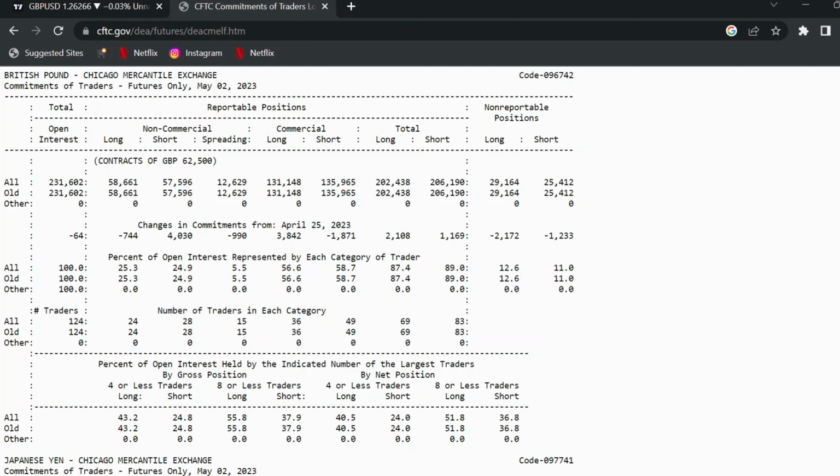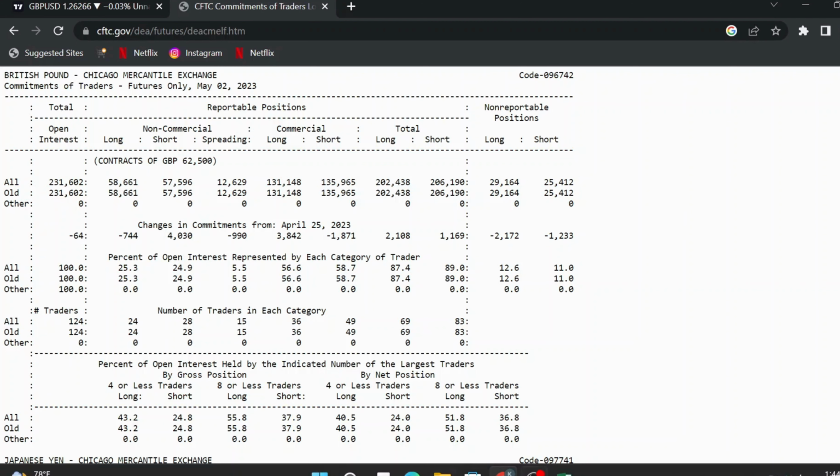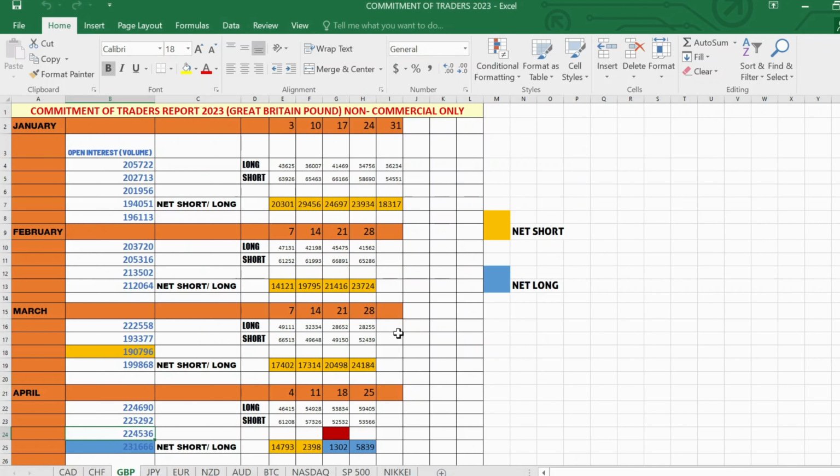So this is how I do it in my own spreadsheet. And you can see on the very first column, this is the data from the beginning of the year. January, February, March, April. The latest report was in May. The second column, we have the volume or the open interest.